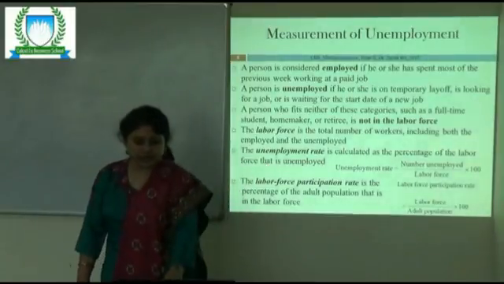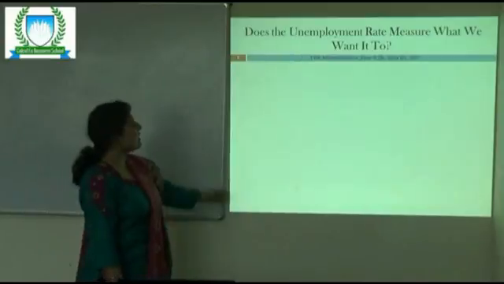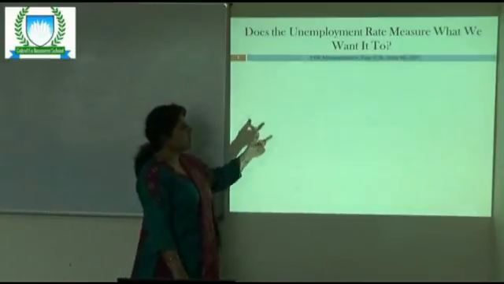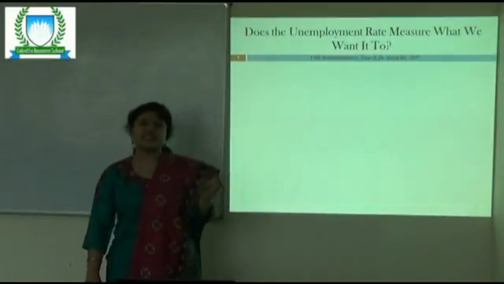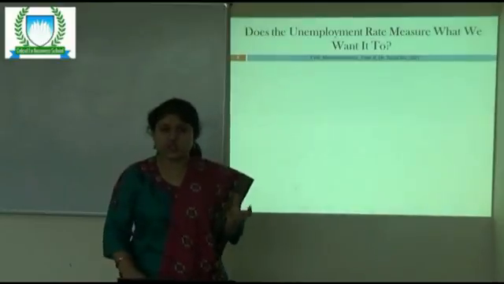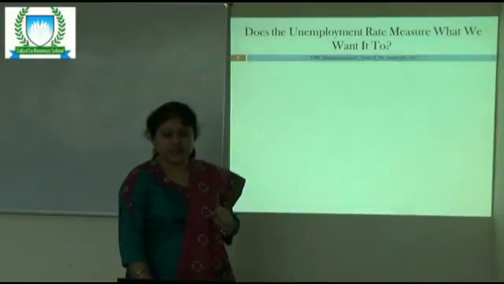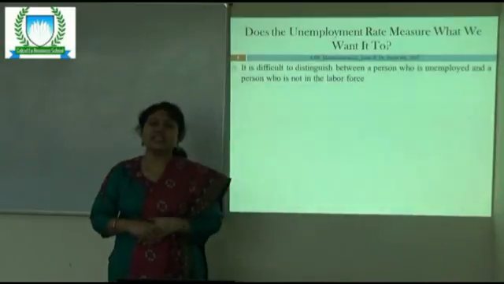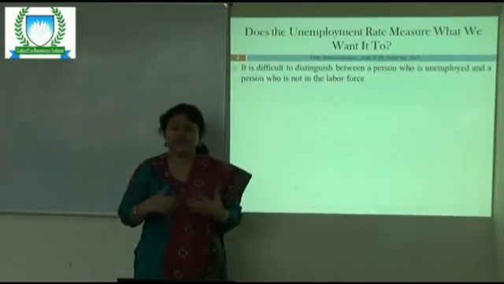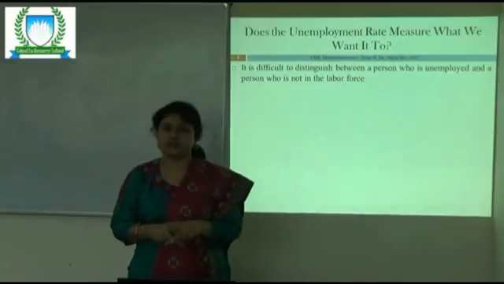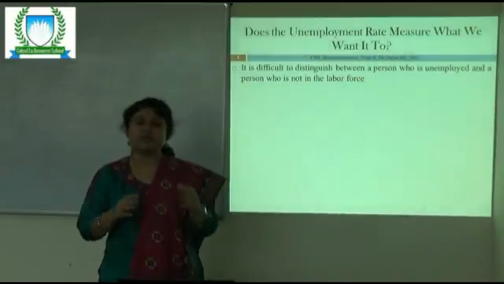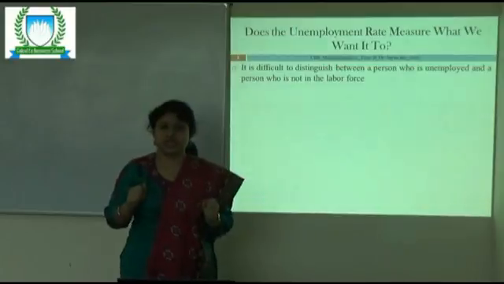But the question arises whether this unemployment rate measures what it wanted to measure or not. The problem over here is that it is difficult to distinguish between a person who is unemployed and a person who is not in the labor force.